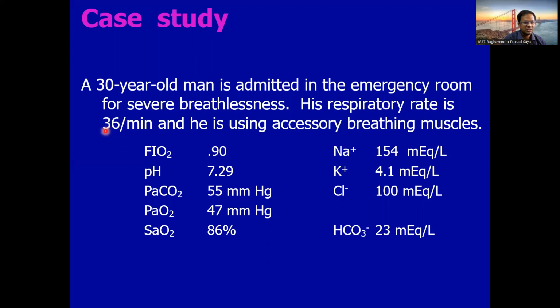So in spite of this respiratory rate of 36 per minute and the accessory breathing muscles, patient is having a PCO2 of 55 millimeter of mercury. This indicates the patient is having a type 2 respiratory failure. Initially it might have started with a type 1 respiratory failure, then later it has progressed to type 2 respiratory failure because there is hypercarbia, patient is hypoventilating.